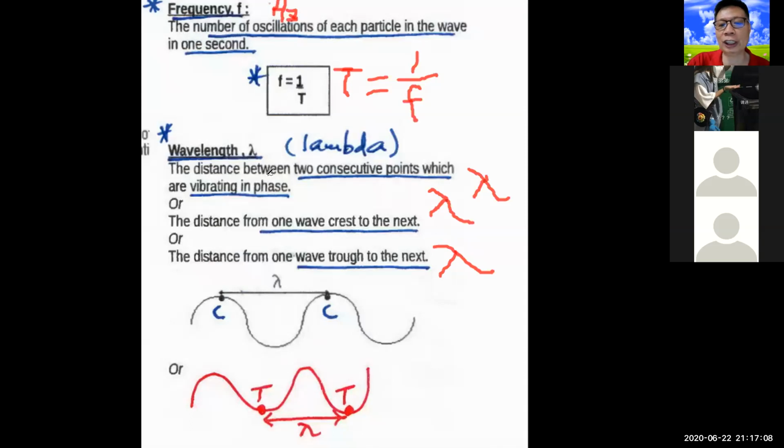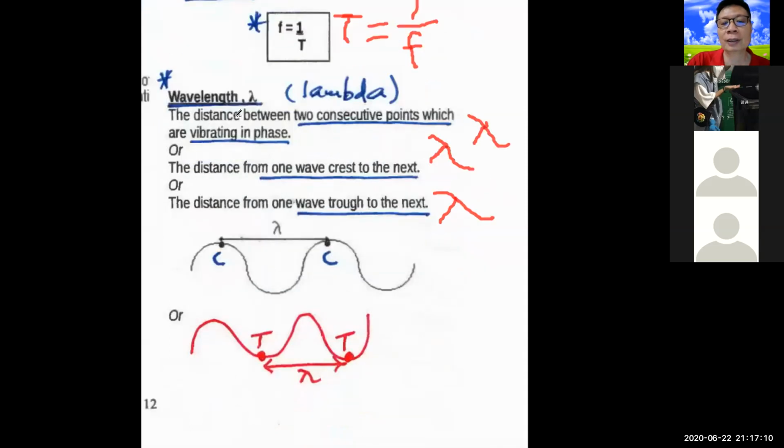Okay. So the definition. Wavelength lambda is the distance between 2 consecutive points which are vibrating in phase. In phase means same direction, like crest and crest, they are in phase because same direction. This one is moving in this direction, this one also moving the same direction. When they are moving in the same direction, we call it in phase.